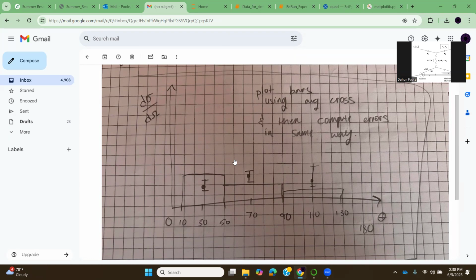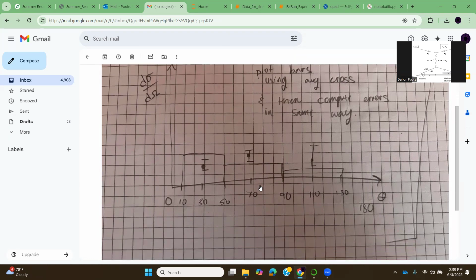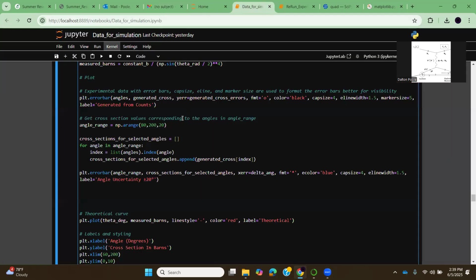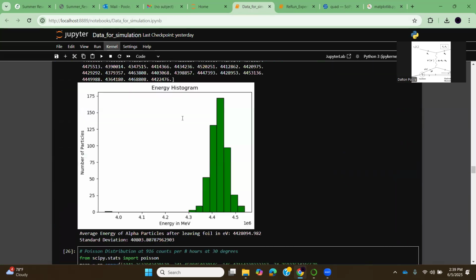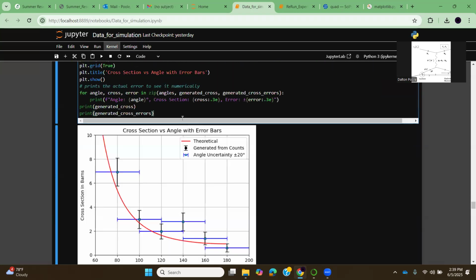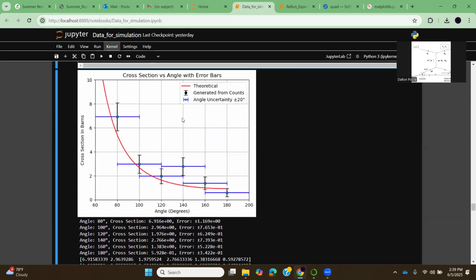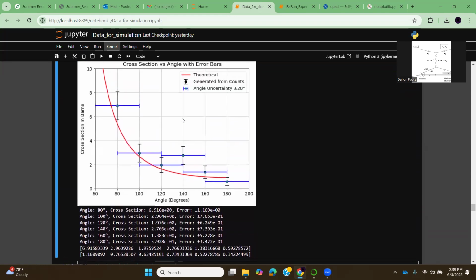But basically, earlier this week, I plotted some error in an experimental simulation here, right?